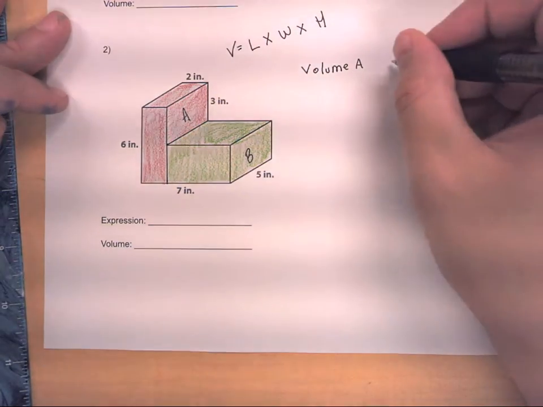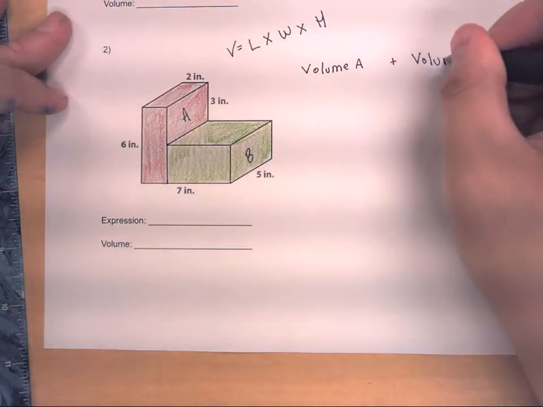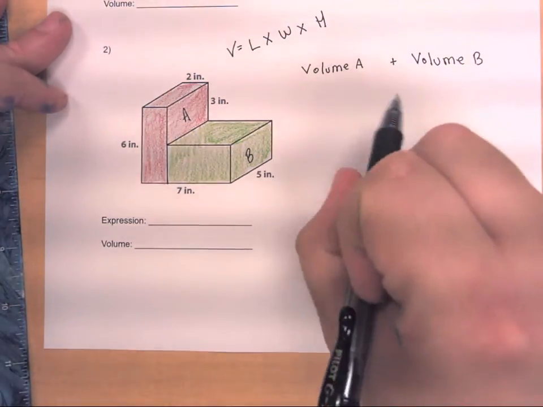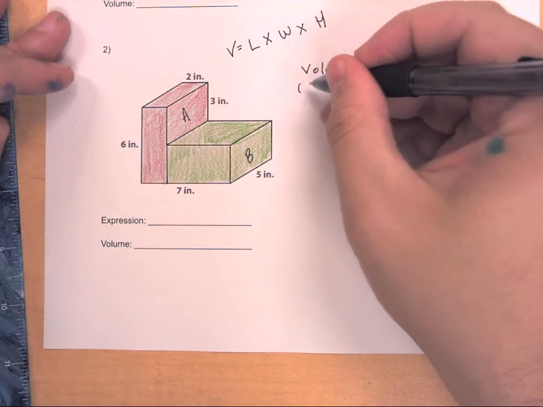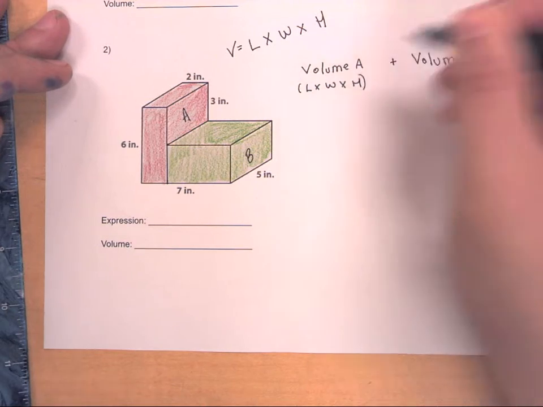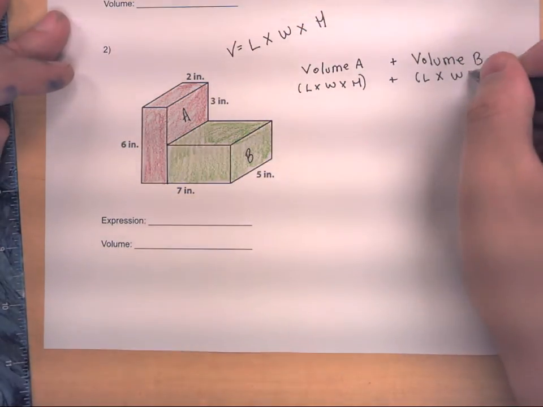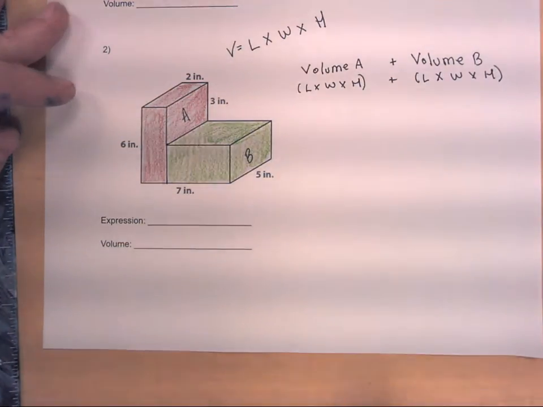And again, once we've found those separate volumes for each prism, we'll need to add those volumes together. And again, we'll also need to identify the length, width, and height of each prism.